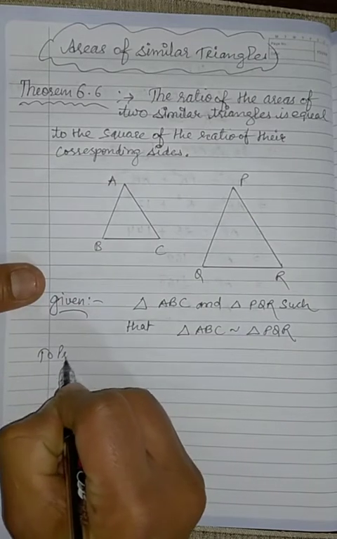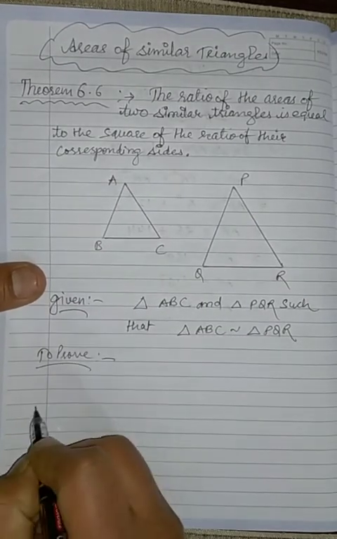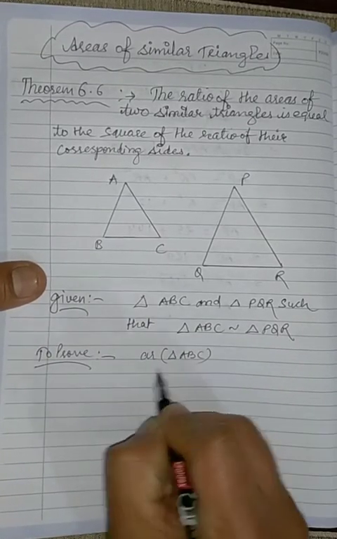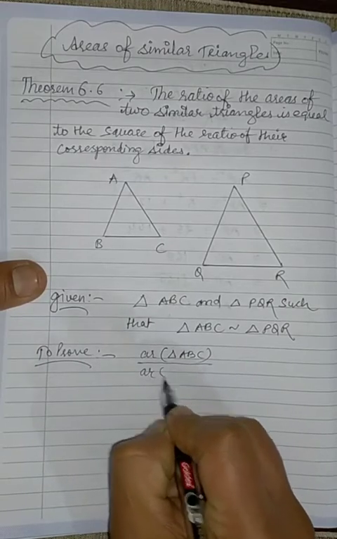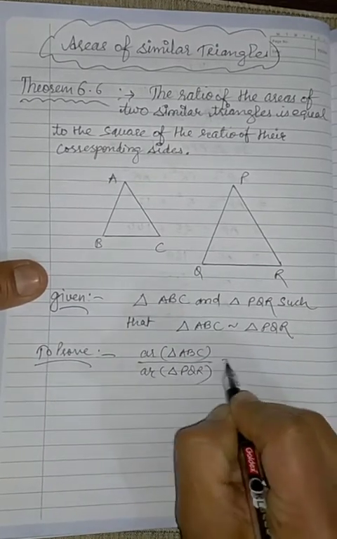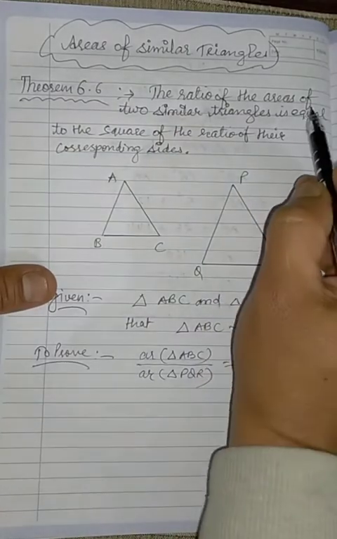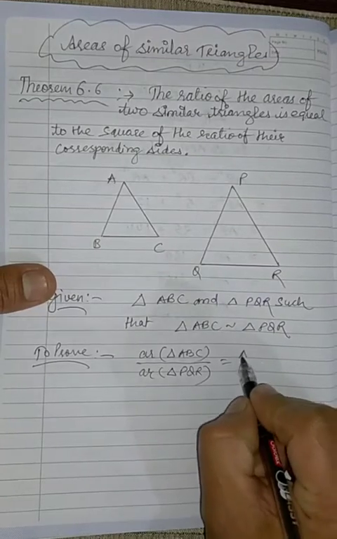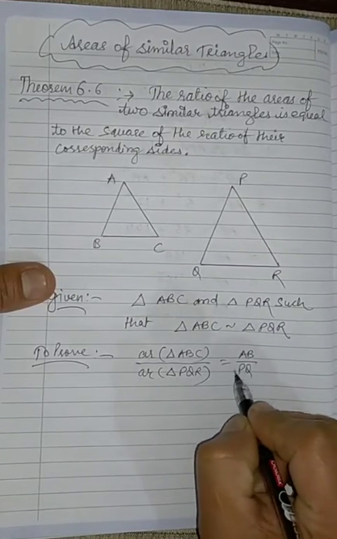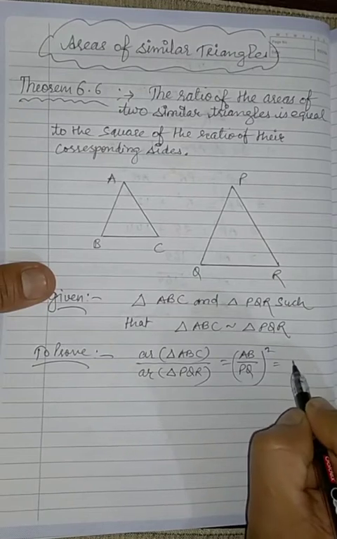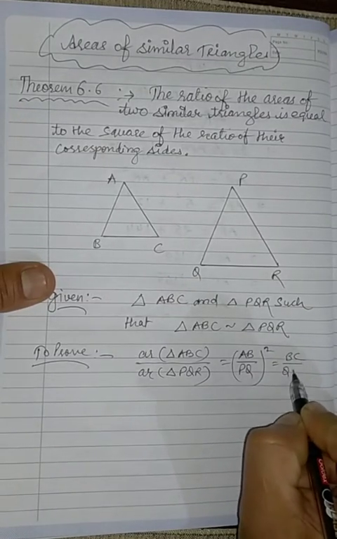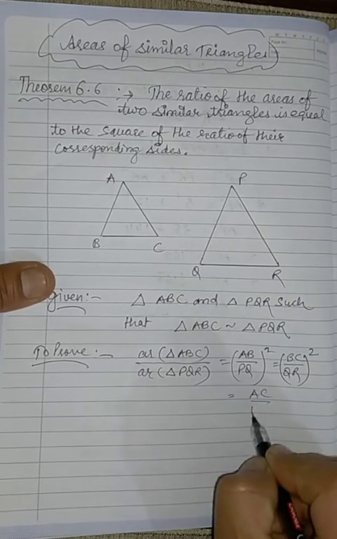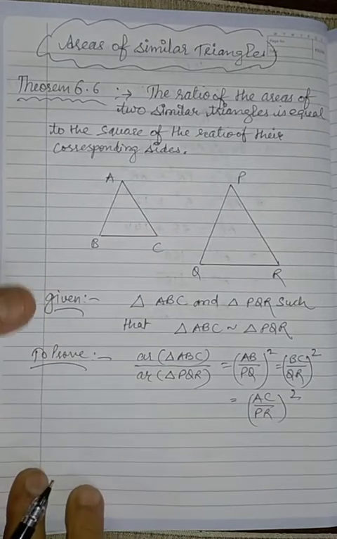So we have to prove that area of triangle ABC upon area of triangle PQR is equal to the square of the ratio of the corresponding sides. So the ratio of corresponding sides: AB upon PQ square is equal to BC upon QR square is equal to AC upon PR square. This we have to prove.